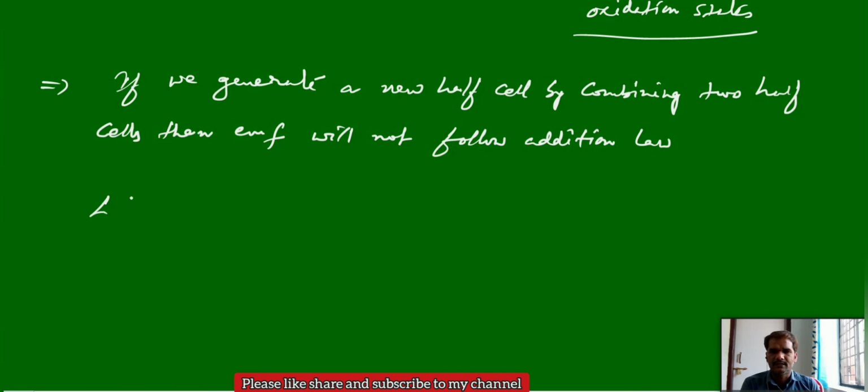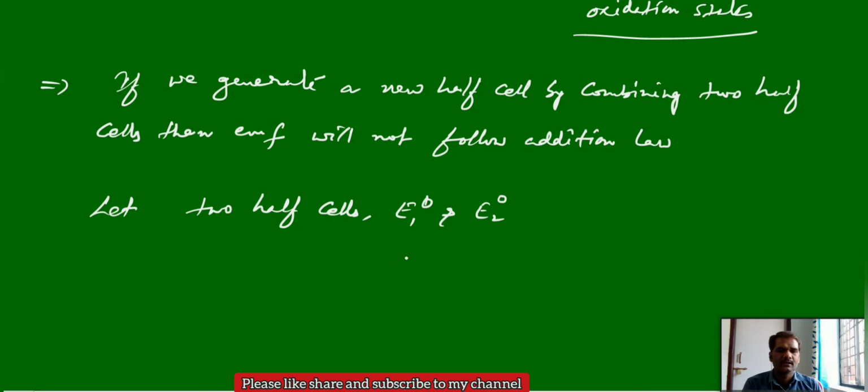Here let us take two half cells whose standard electrode potential values are E1 naught and E2 naught. By combining these two half cells, we get a third cell with E3 naught.